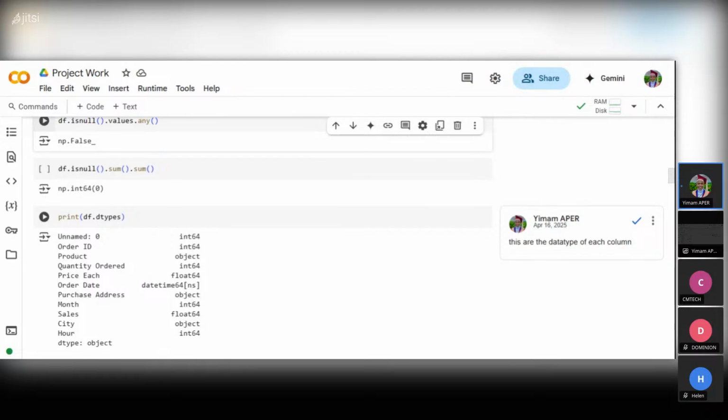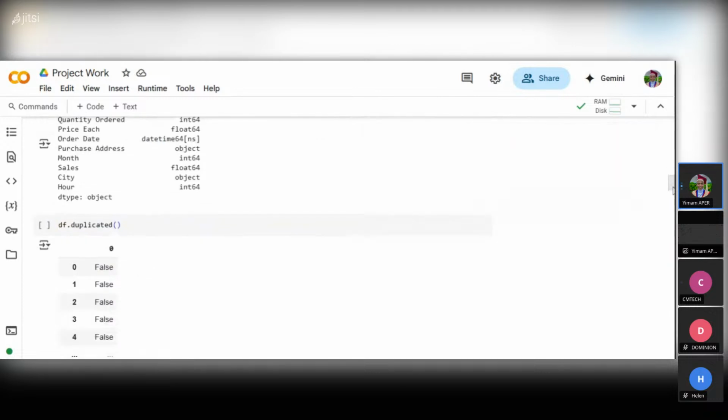Float means it has decimal points, so that was why it was float. Order Date and time, the date and time are a combination. So these are all the data types for each of the columns.